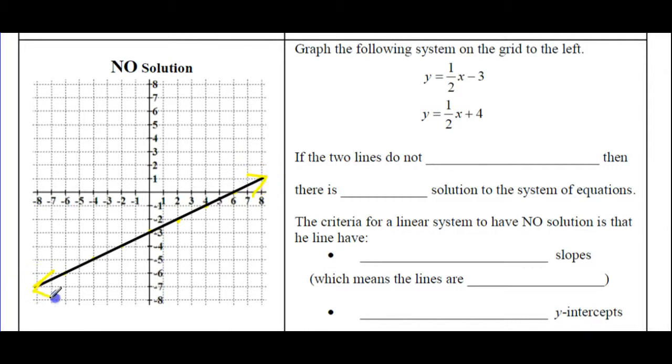Arrows. And label this y equals 1/2 x minus 3. Next, y equals 1/2 x plus 4. 1 over 2, 1 over 2, down 1, left 2. Let's draw this line.